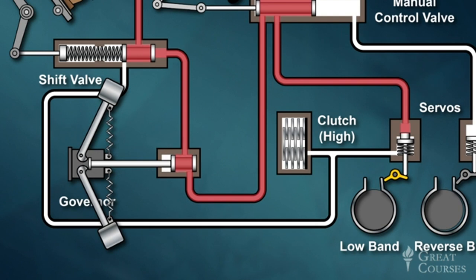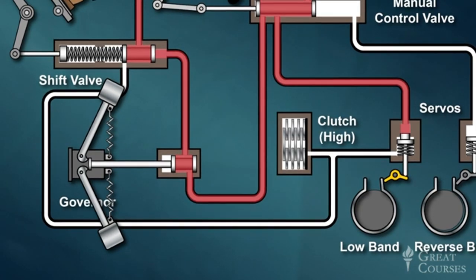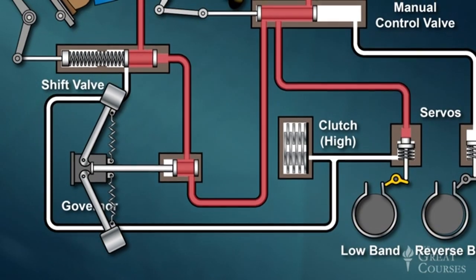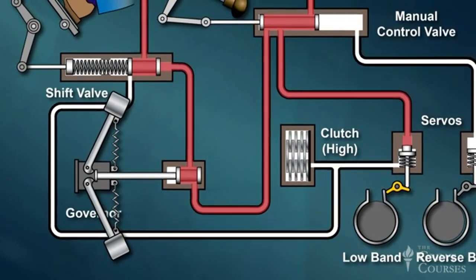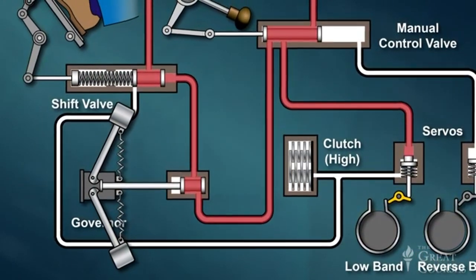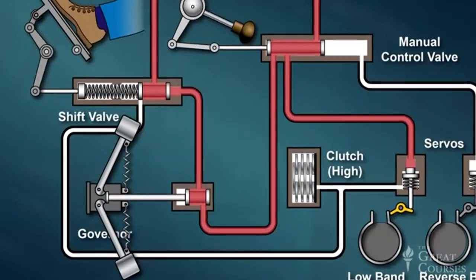But as the road speed increases, the shaft rotates more rapidly and centrifugal force pulls the arms outward like this, gradually opening the valve and allowing progressively more high-pressure fluid to flow through the governor and into the shift valve. The position of the shift valve's piston is now determined by the relative strength of these two inputs, throttle position and road speed.